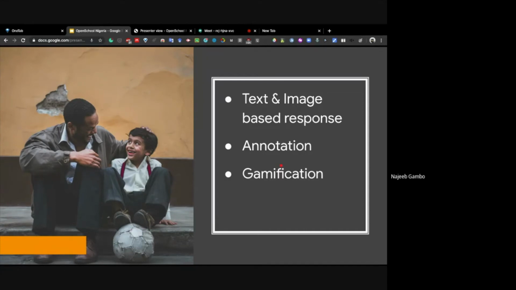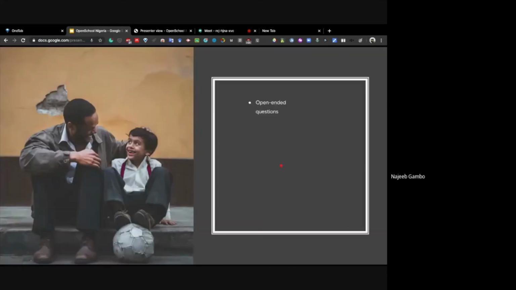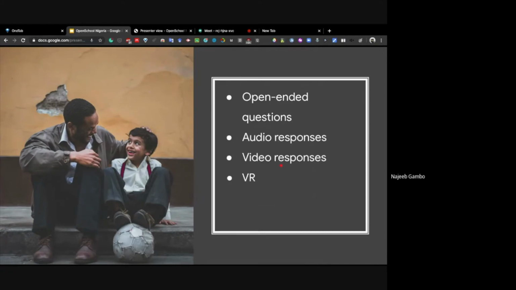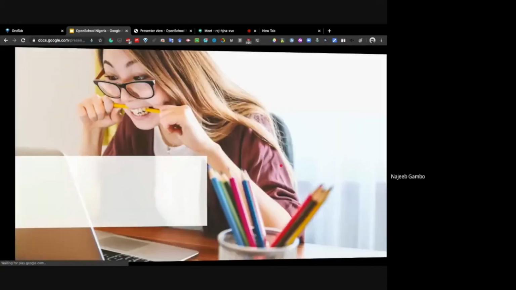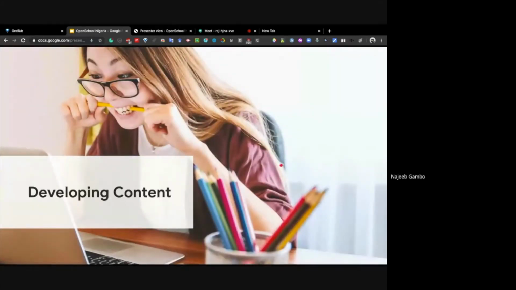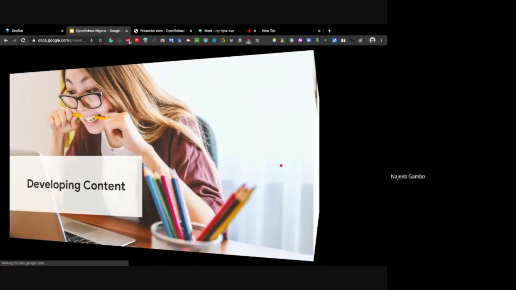Or how do we incorporate games within the lesson that we are teaching? Or how do we use interactive media? Or how do we use an open-ended question to engage our students in remote teaching? Or we use audio response, video response, or virtual reality to teach the students. Not only that, we need to learn how to develop content.